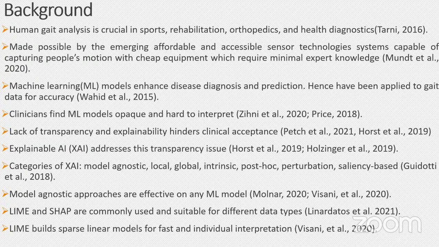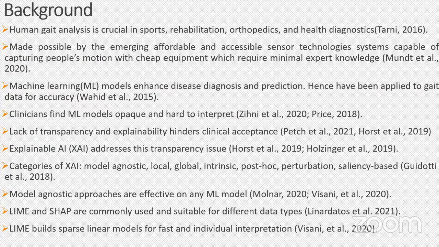These XAI models, the explainable machine learning models, are categorized into model agnostic, local, global, post hoc, among others. In our case, research found that model agnostic approaches are effective for any machine learning model.